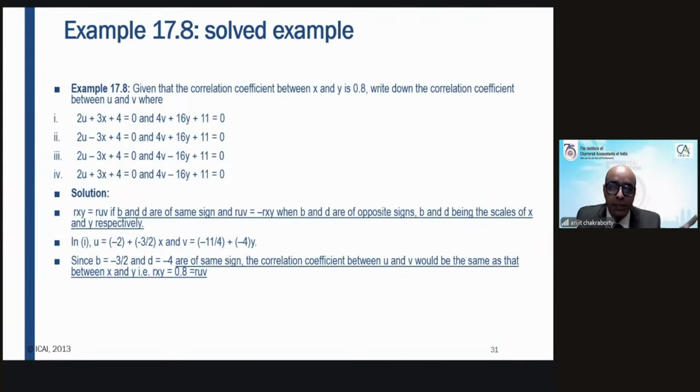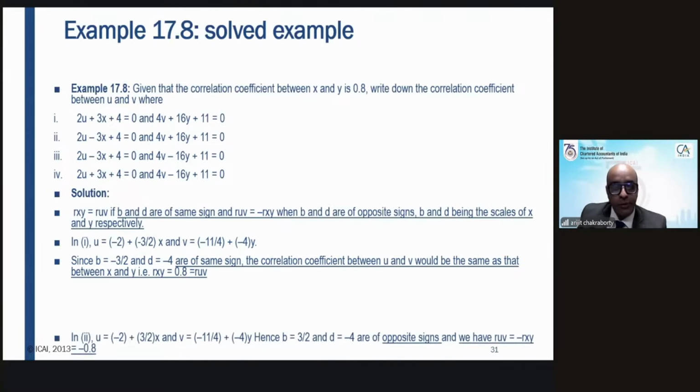That means RXY will now be equal to minus RUV. If you look at the absolute number is same, but the sign will change. That means now the trend will change. एक पॉजिटिव कोरिलेशन होगा, एक पूरा ऑपोजिट हो जाएगा नेगेटिव कोरिलेशन, लेकिन द डिग्री ऑफ कोरिलेशन will be same.